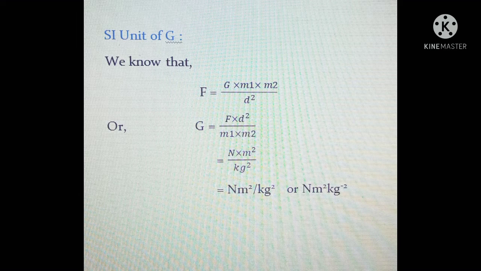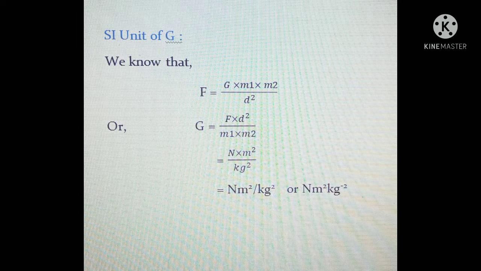For example, the SI unit of force is Newton, so we'll write N over here, and the SI unit of distance is meter. Since here it is distance square, it will be meter square. Similarly, in the denominator, we'll write kg square, since the SI unit of mass is kg, and m1 and m2 both are kg, so kg into kg becomes kg square.